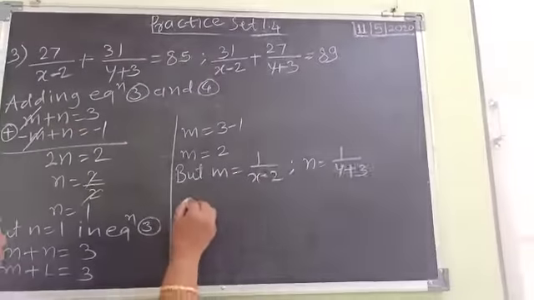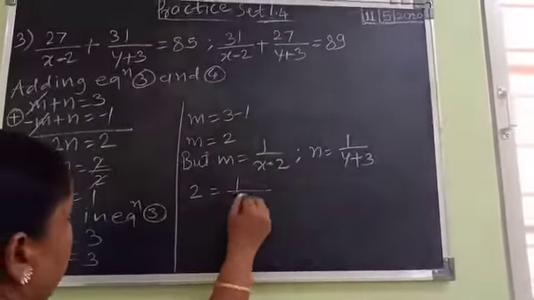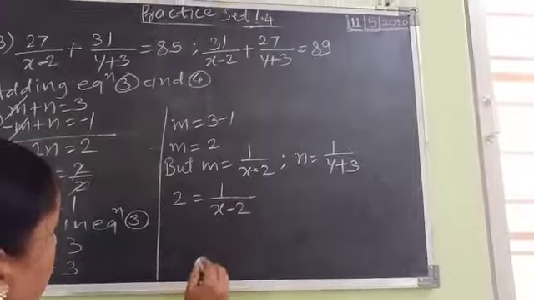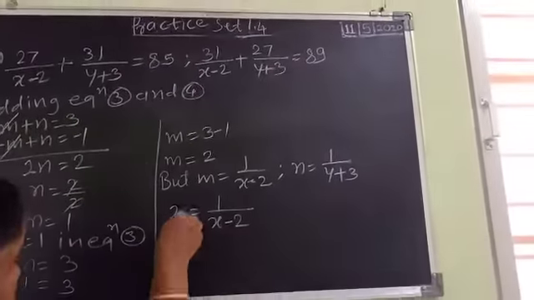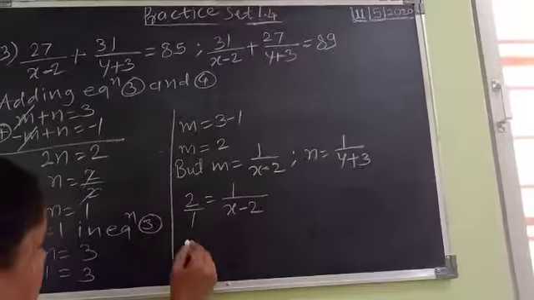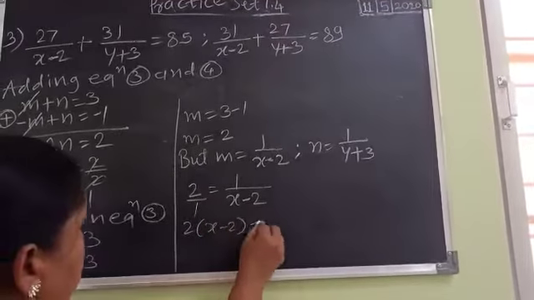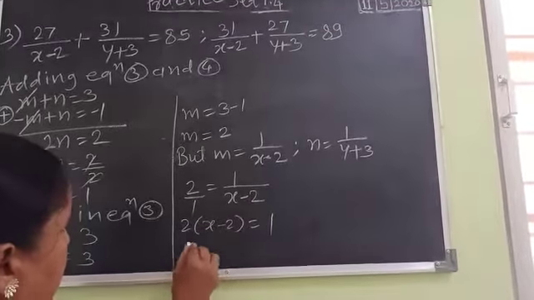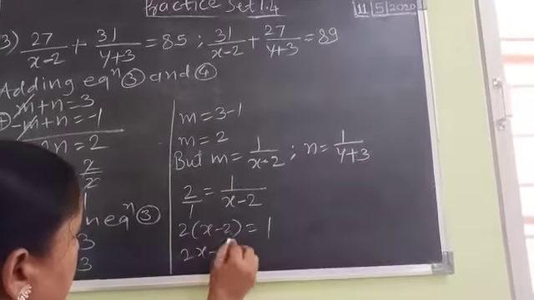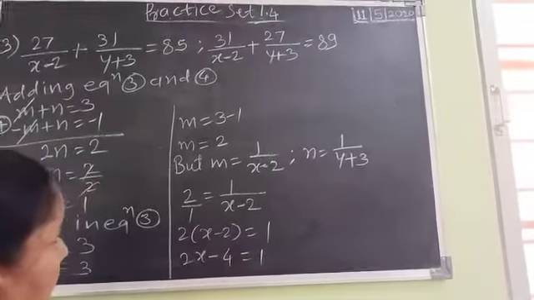Then substitute the values. 2 is equal to 1 upon x minus 2. Here cross multiplying we get 2 into bracket x minus 2 is equal to 1. So 2x minus 4 is equal to 1.